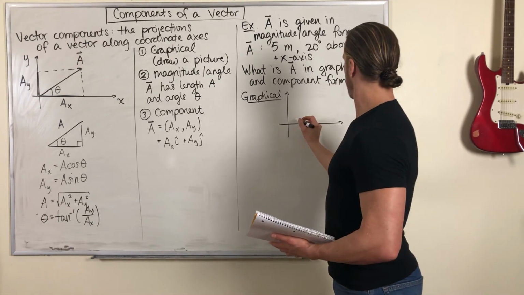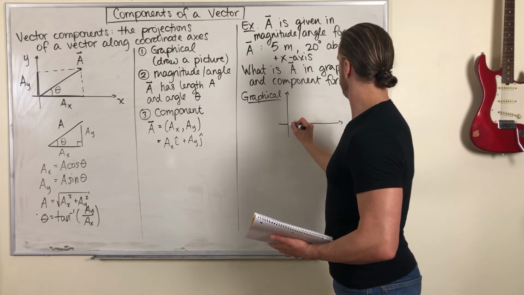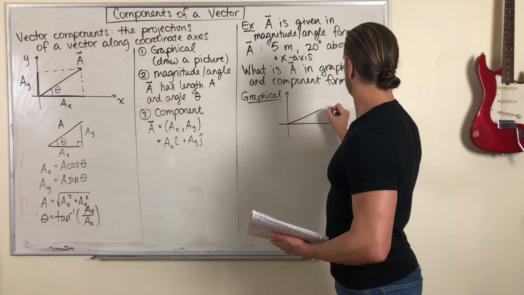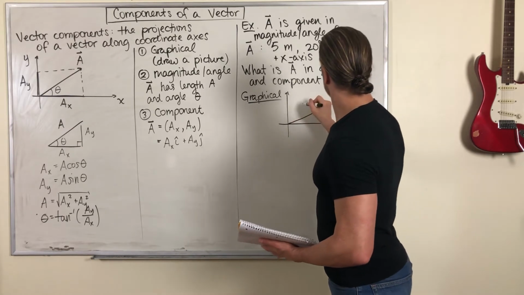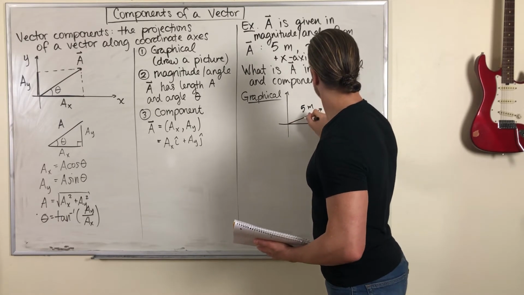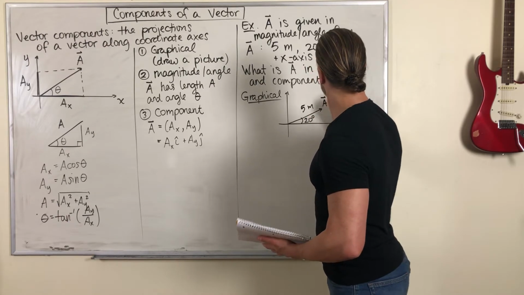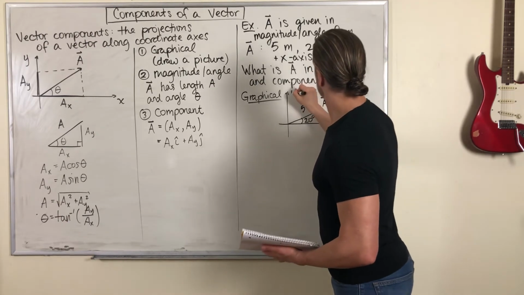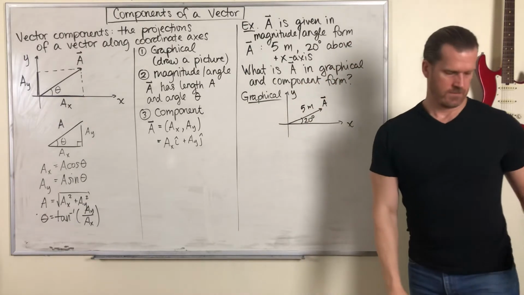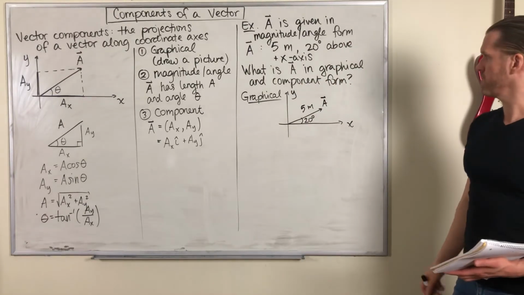Five meters and 20 degrees, so 20 degrees is maybe like that. So there's vector A, in picture form, in graphical form.